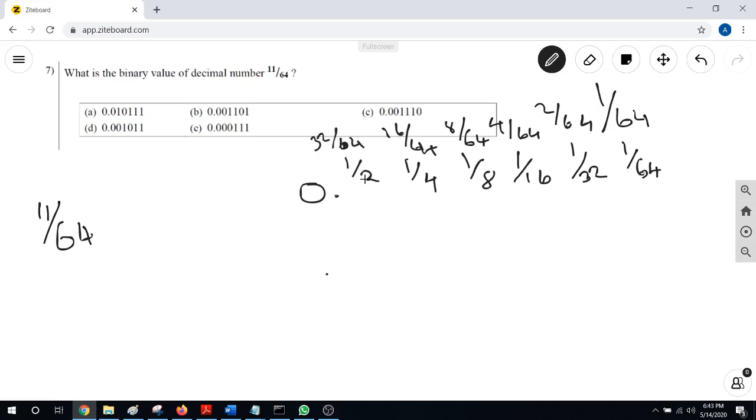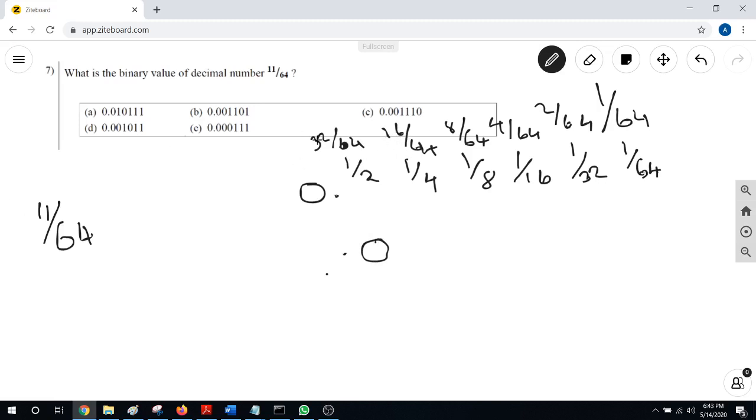Now this is the tactic we use. We look at the numerator, which is 11. Here we have to process from left to right. Here the numerator is 32, which is bigger than 11. Therefore this is going to be 0.